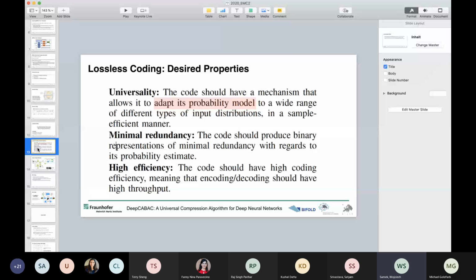And this is a very important property in video coding and audio coding and all of today's codecs. And we use a code, CABAC, which has this property, for compressing neural networks. Also, minimum redundancy and high efficiency are desired properties.